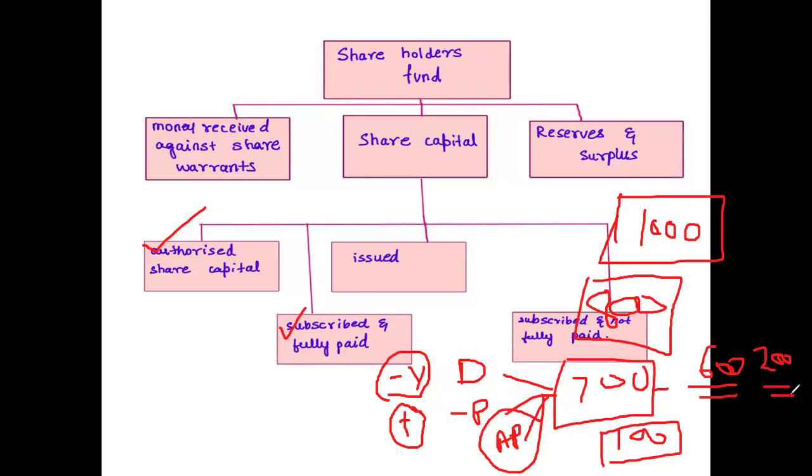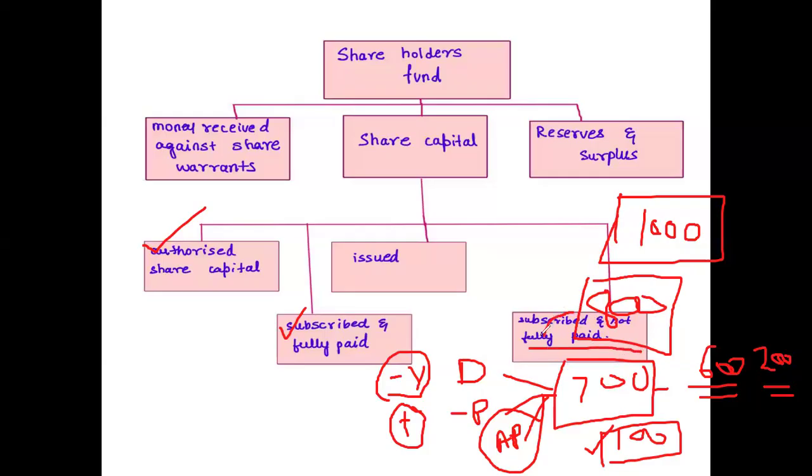When in future the company wants to expand the business, they will first go with unsubscribed capital. So they will ask the people, you just purchase the 600. So now you can pay me 100 back, and then people will pay. After this also, the company's capital requirement is not finished.